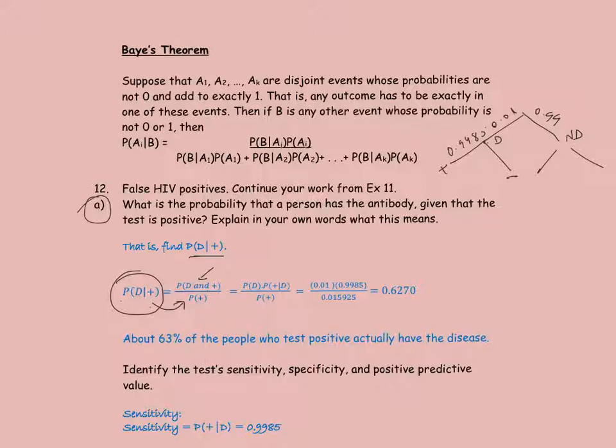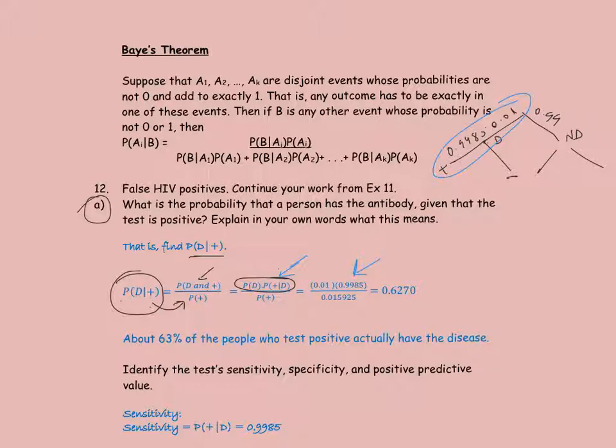So what is the probability that someone has the disease and tests positive? That would be the probability that someone has the disease times 0.9985, which is the probability that the test shows positive given that someone has the disease. So you can either use the formula, which is the multiplication rule, or you can use the tree diagram to come up with the numerator.